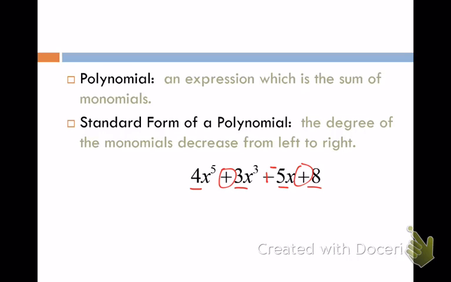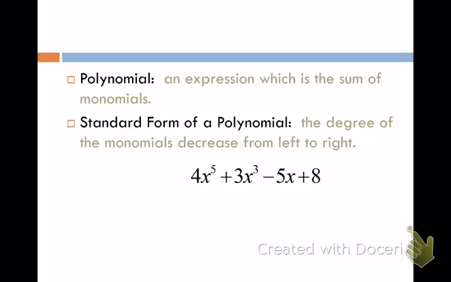Okay? So it's the sum of monomials. Those are all monomials. And this is in standard form, because the degree of this monomial is degree 5, this one is degree 3, this one is degree 1, and this one is degree 0. So it goes in decreasing order.